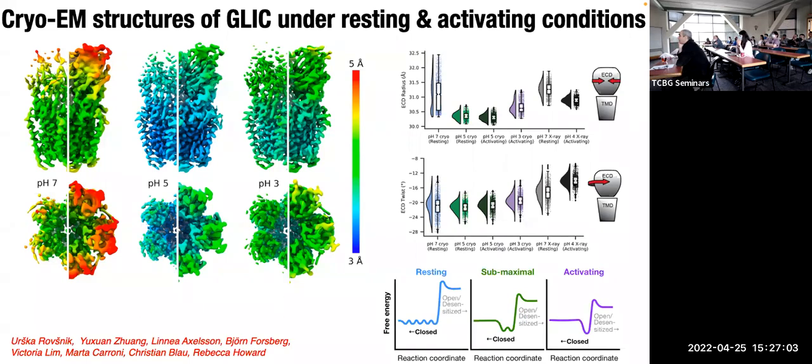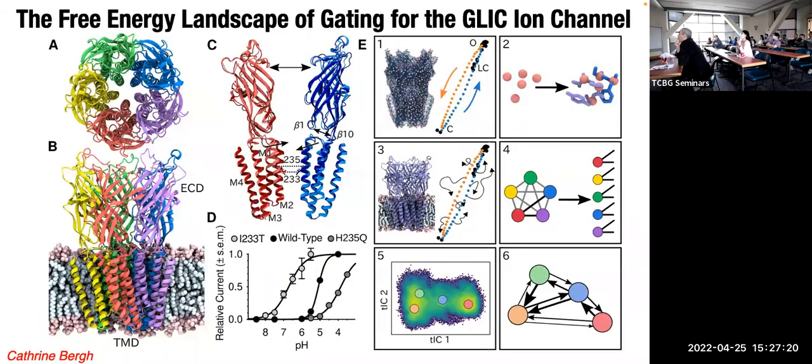So armed with that, we had structures through X-ray, cryo, and a few others. So we do have structures of these channels, at least at the end states, open and closed. We have no idea what the quality of those structures is, but having used Markov state models and Folding@home and everything, I had another smart student, Catherine Burke, who's a super skilled physicist, and she knows the theory about Markov state models and various descriptors much better than I do.